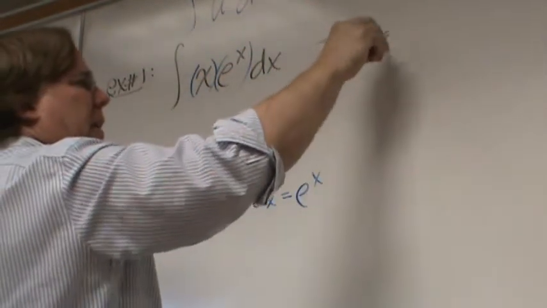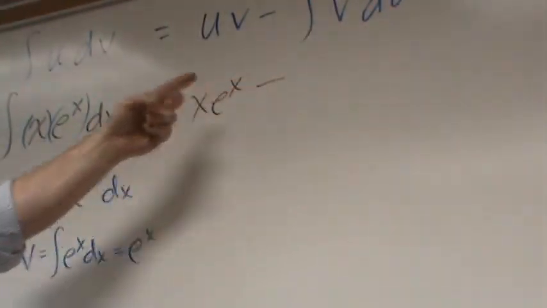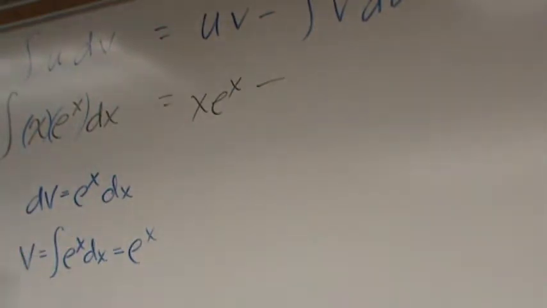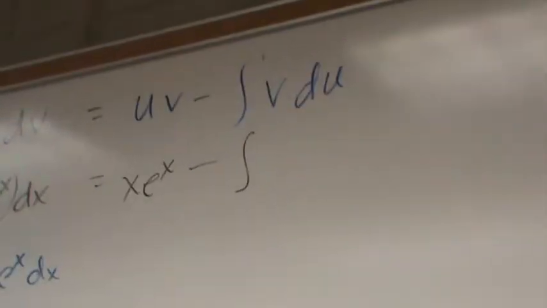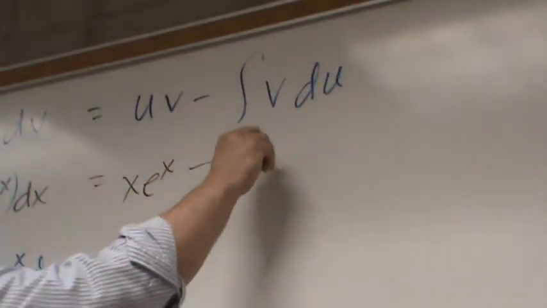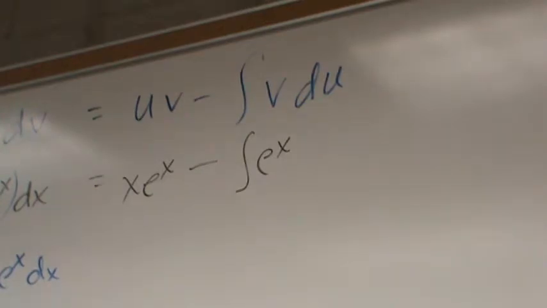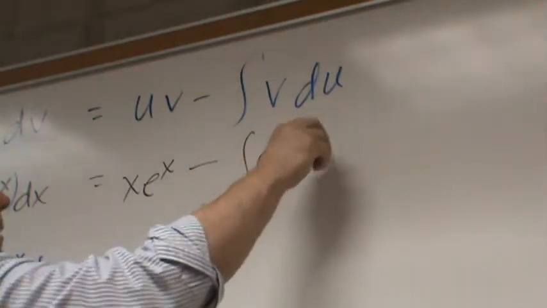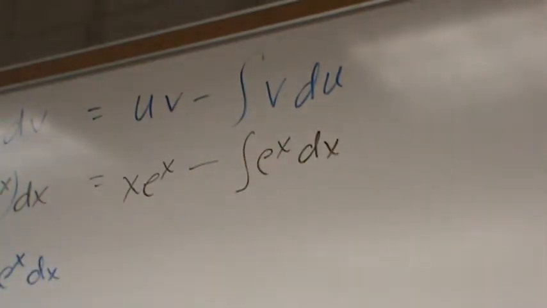So I get x e to the x minus, and you notice I'm just following the template now, uv, there it is, minus integral of v du. I'm not substituting, I'm just rewriting it following that template.